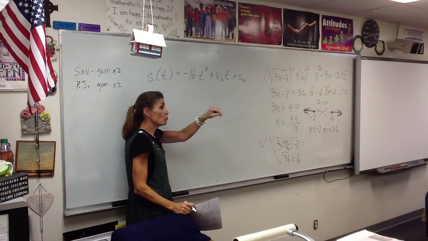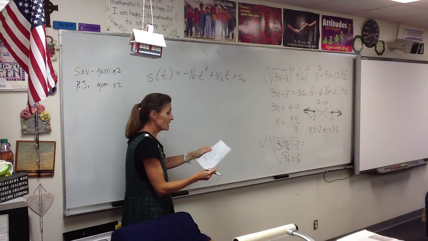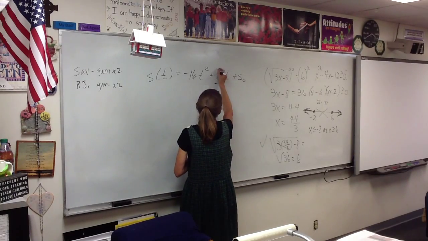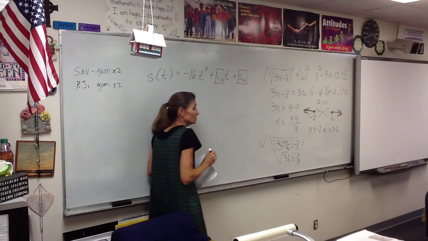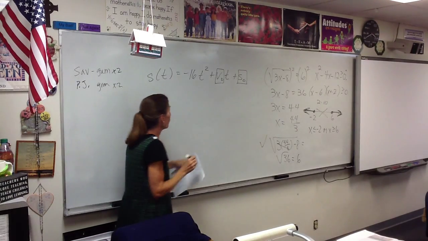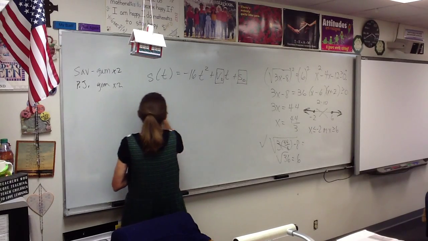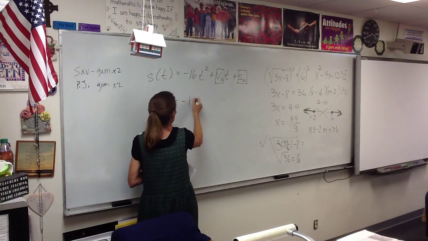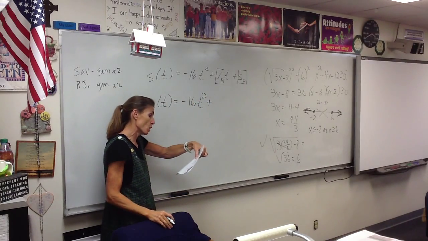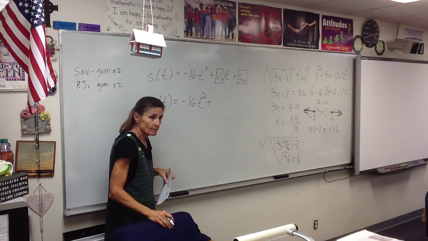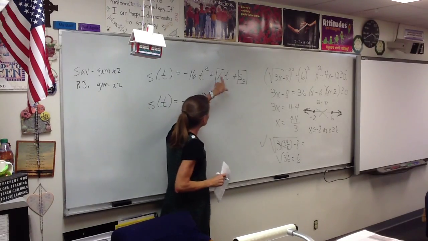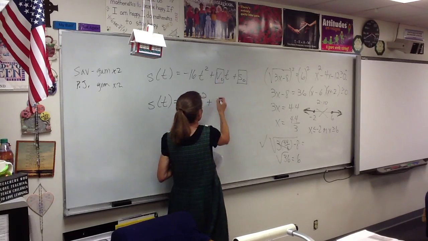But now what you have to be able to do is read the question and plug in this value and this value. What are we going to put in for these two values? You're building your equation. So what are you going to put in there for V sub naught? 20. Boys and girls, just read it. The initial velocity is 20. So we're going to put 20.